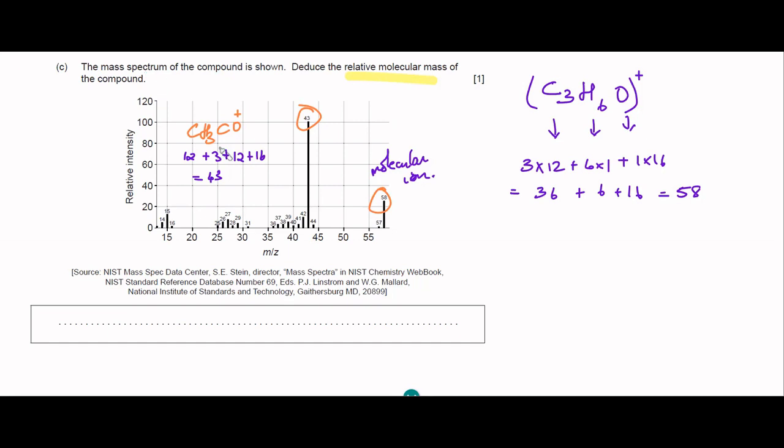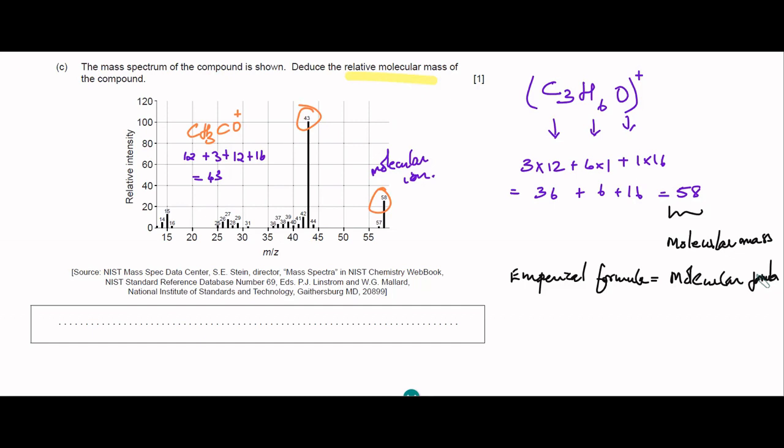And here we are confirming that this is the molecular mass, meaning the empirical formula is equal to the molecular formula. Meaning, our molecule has only three carbon atoms, 6 hydrogen atoms, and 1 oxygen.